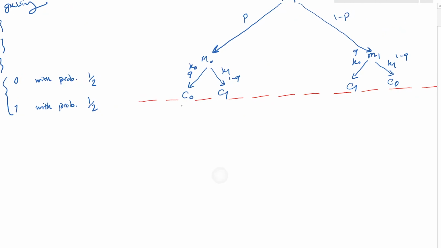When we give C0 to the adversary, with probability half he says this is M0, and again with probability half he says this is M1. Again for this case, with probability half he says this is M0, and with probability half he says it is M1.